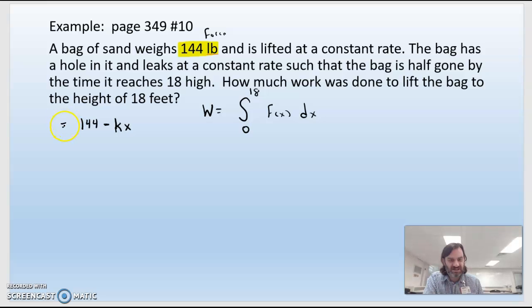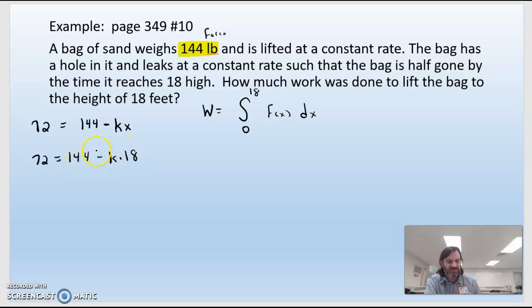So what they did tell us is that we're going to have 72 pounds, or half of it, left after it's 18 feet high. So 72 equals 144 minus k times 18. So 18 feet times some constant will give us how much sand has fallen out.